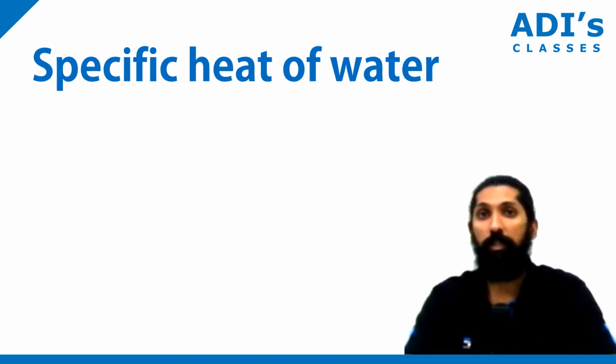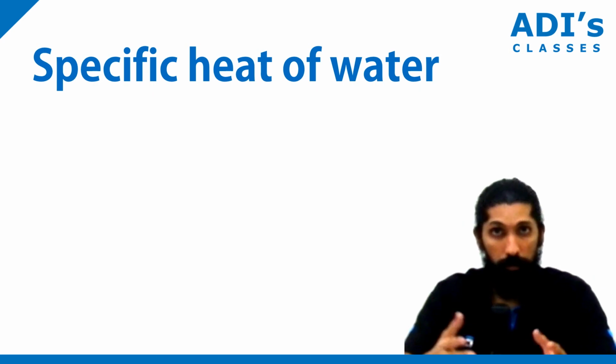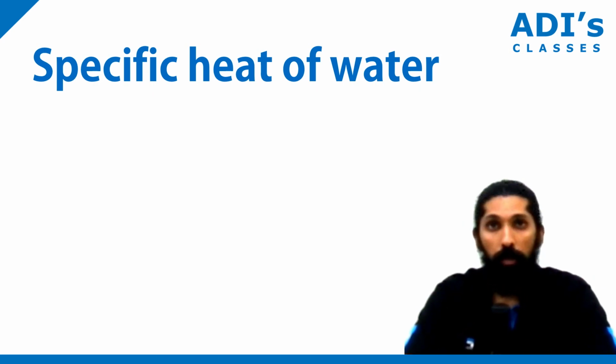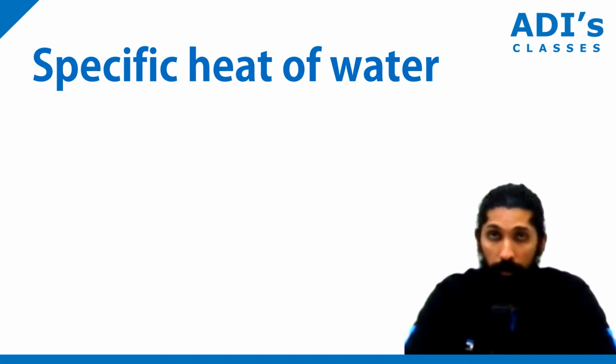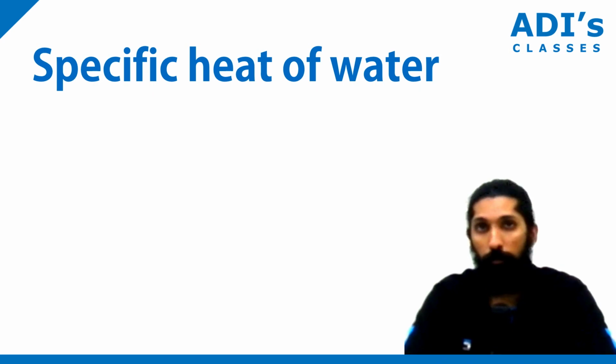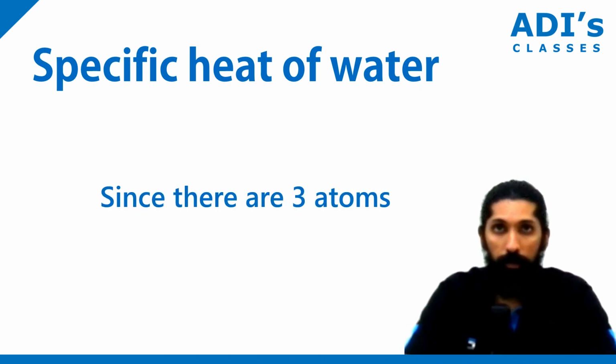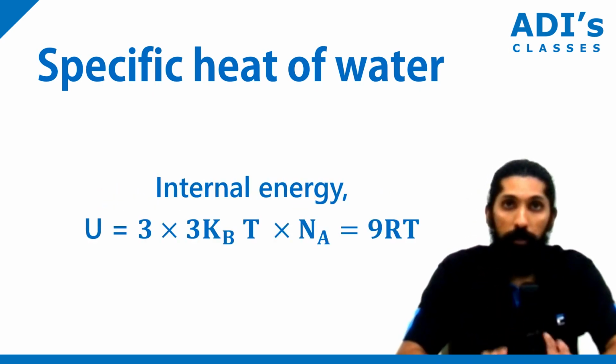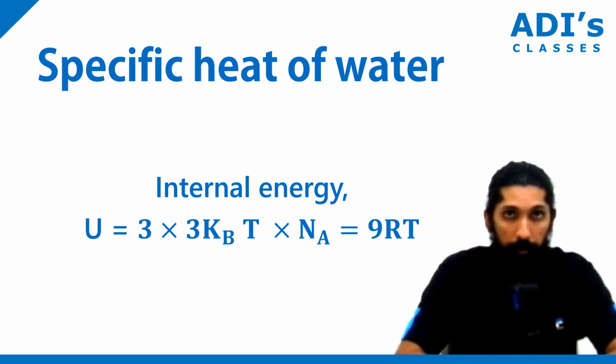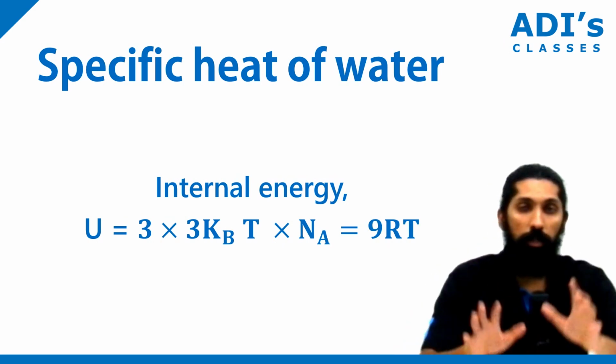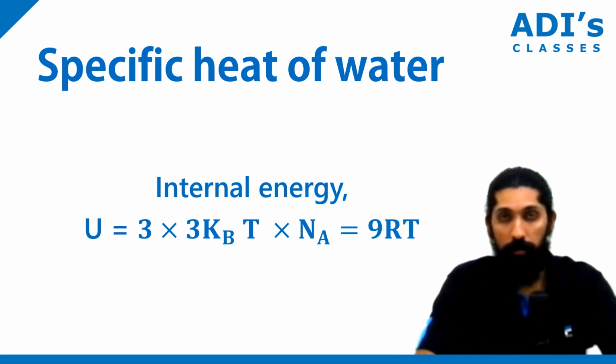Now, what if we do the same thing for water, since water is very special? If we calculate the specific heat for water using the law of equipartition of energy, then U is equal to 3 into 3 kB T into Na. Let's understand why we are getting this formula.